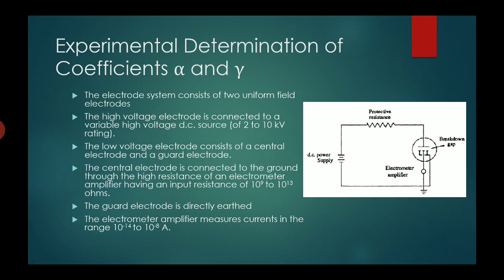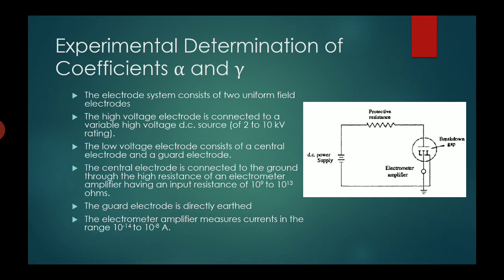The high voltage electrode is connected to a variable high voltage DC source, around 2 to 10 kilovolt. The low voltage electrode consists of a central electrode and a guard electrode. So on the top it is the high voltage and on the bottom it is the low voltage side, which has a central electrode and a guard electrode.